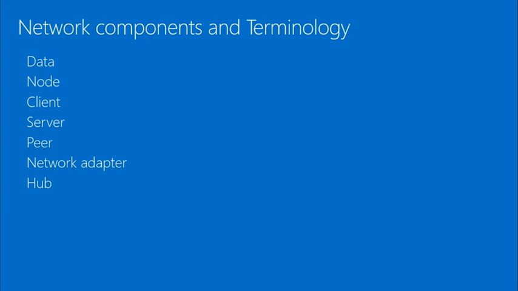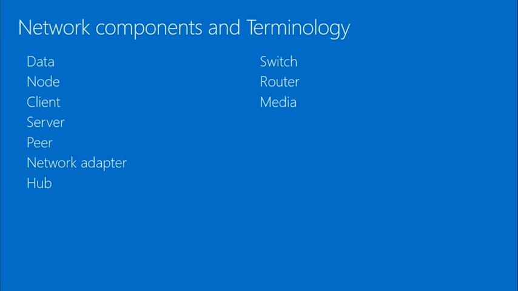And that's one of the first things we'll be covering in the slides coming up. Switch. Switch is similar to a hub. It has a little bit different functionality. There's also router, and these are basically network devices used to connect multiple devices together.